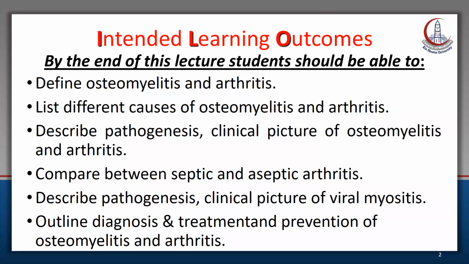By the end of this lecture, you should be able to define and compare between osteomyelitis and arthritis, list the different causes of osteomyelitis and arthritis, describe the pathogenesis and clinical picture of osteomyelitis and arthritis, compare and contrast between septic and aseptic arthritis, describe the pathogenesis and clinical picture of viral myositis, and outline diagnosis, treatment, and prevention of osteomyelitis and arthritis.